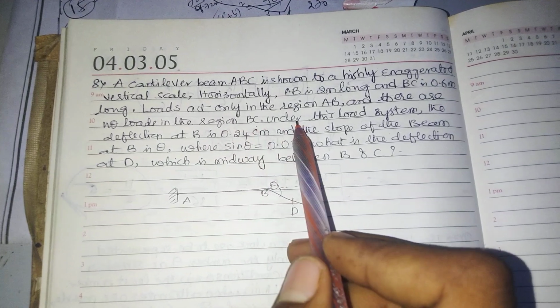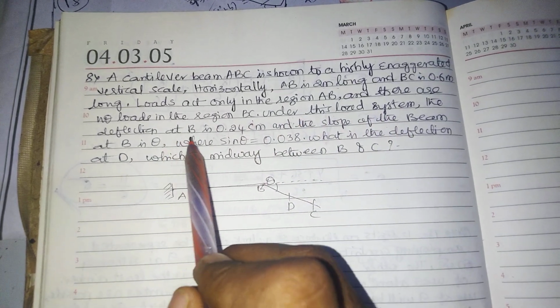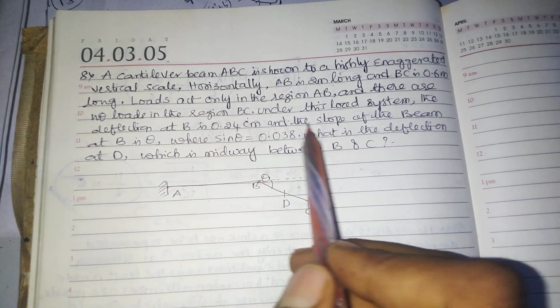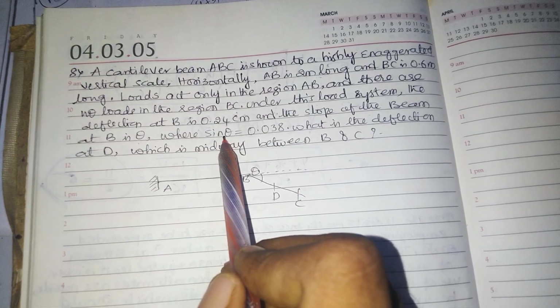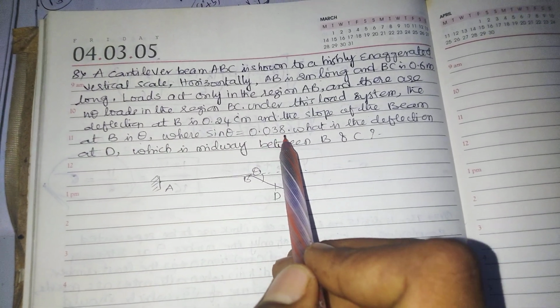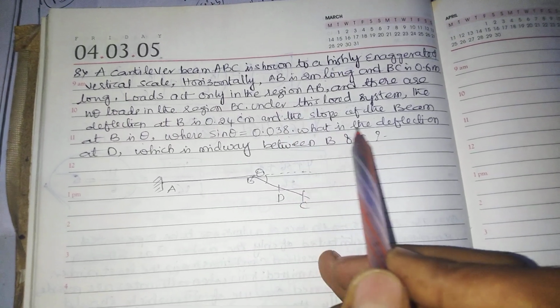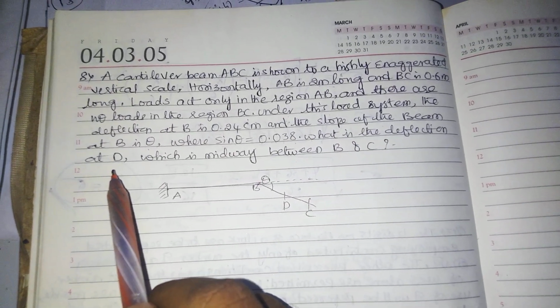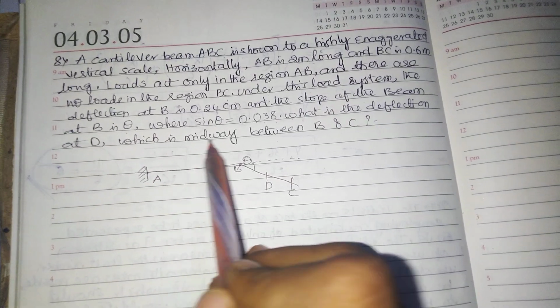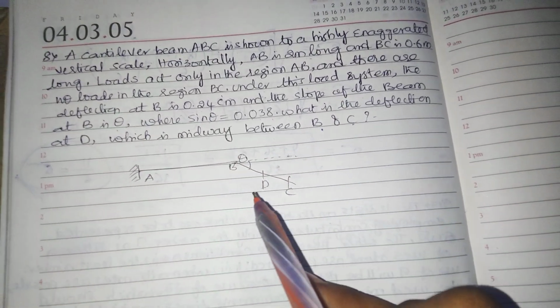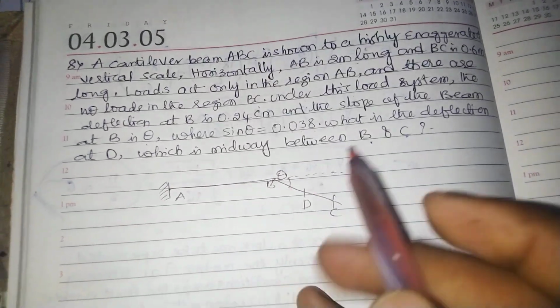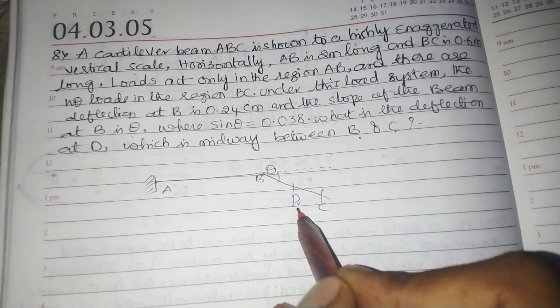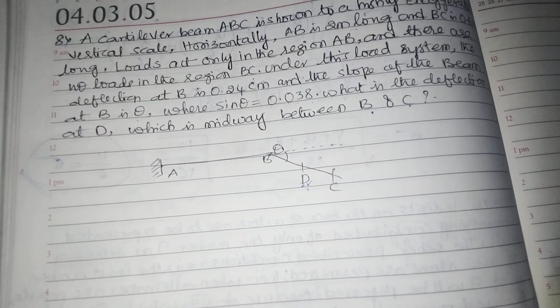Under this load system, the deflection at B is 0.24 cm and the slope of the beam at B is theta, where sin theta equals 0.038. What is the deflection at D, which is midway between B and C? Calculate the deflection at D. So for that one, we do analysis.